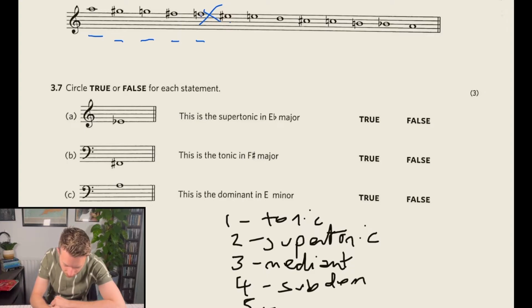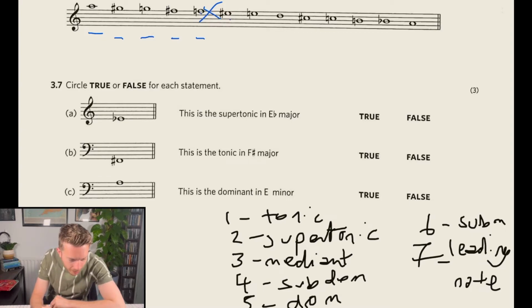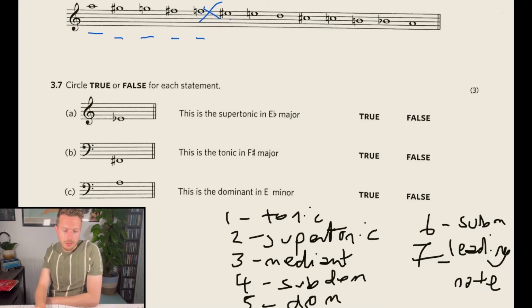I'm just going to put subdom. 5 is dominant. 6 is submediant because it's the middle note of the subdominant chord. And number 7 is the leading note. I haven't left myself much room here. There we go. So we can use that to refer back to if we need to.